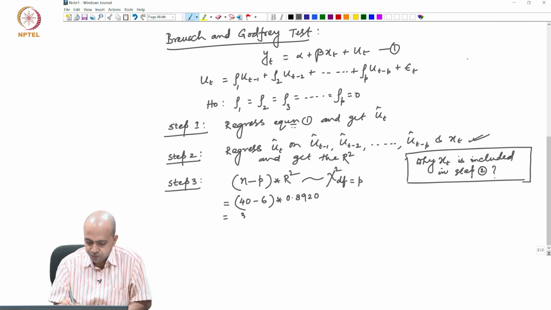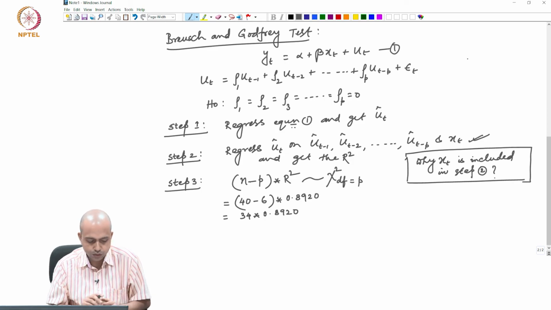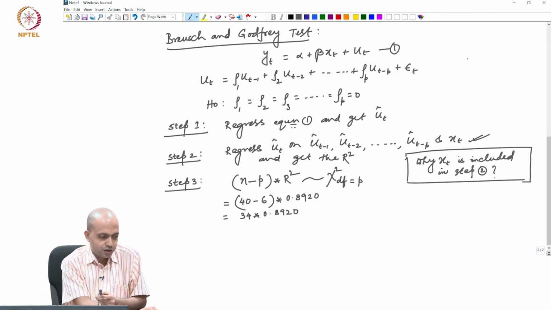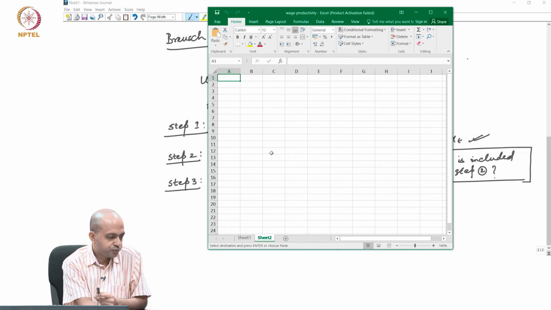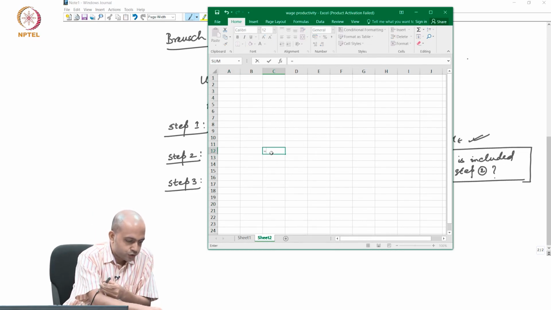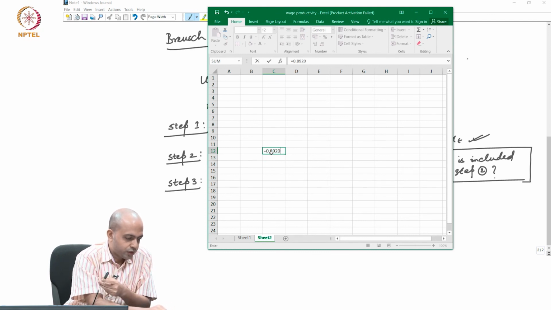So, that means 34 multiplied by 0.8920, and if you multiply that, how much will it come to?